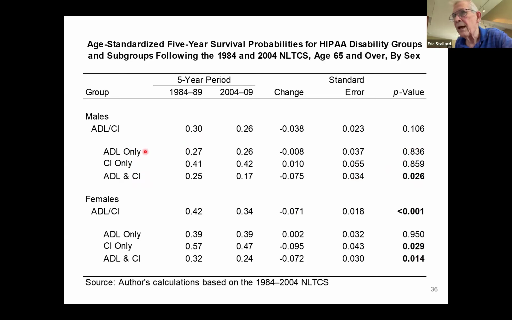Neither of them alone had a significant decline. In fact, 27 to 26% is nothing. 39% to 39%. The ADL only behaves very differently than the combined ADL and cognitive impairment. And then there was a sex difference where the cognitive impairment alone showed no decline for males, but it had a sort of suggestive significance. 0.029 is suggestive.